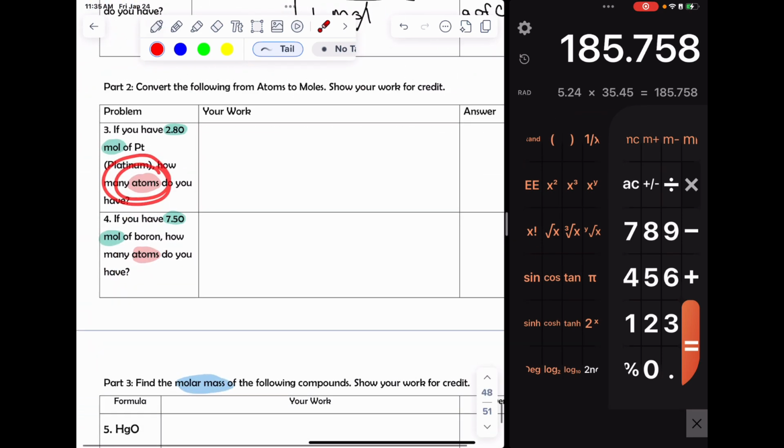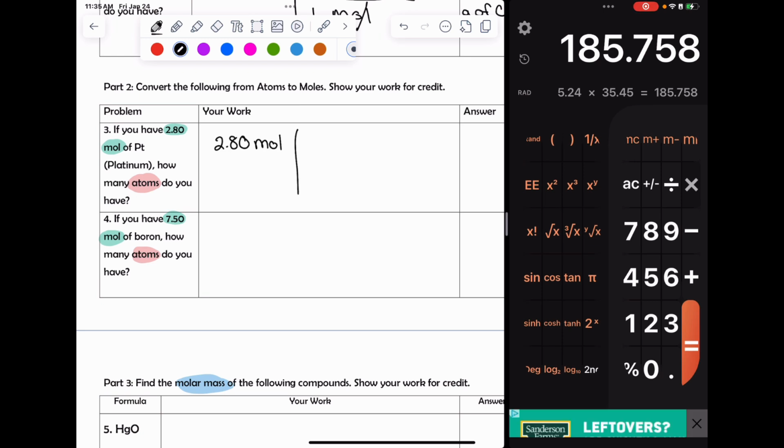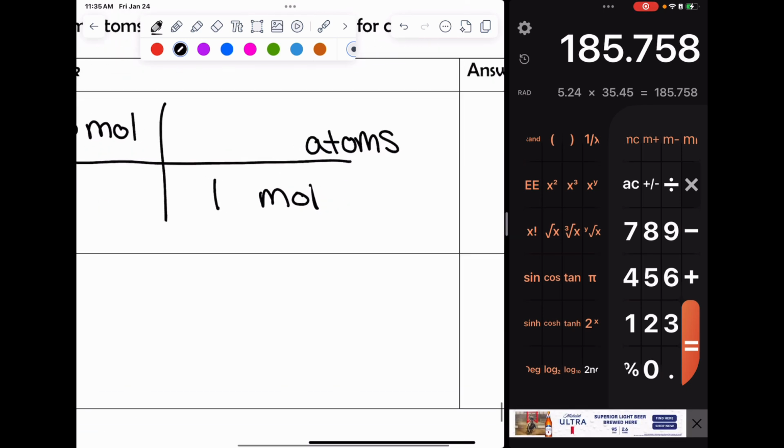So setting up this table, we're going to start with what we're given, 2.80 moles. And I know I can go from moles to atoms using Avogadro's number, because for every 1 mole, we get, let me zoom in here and write smaller, 6.022 times 10 to the power of 23 atoms.